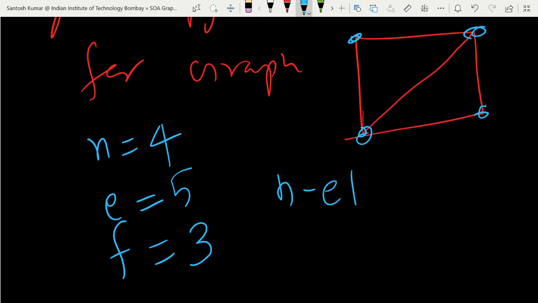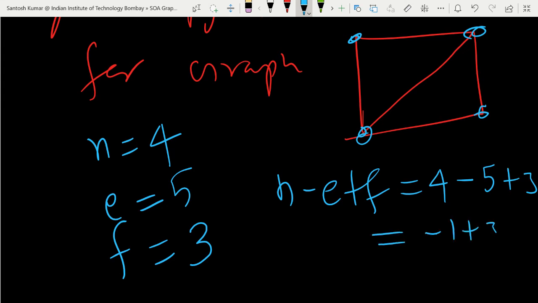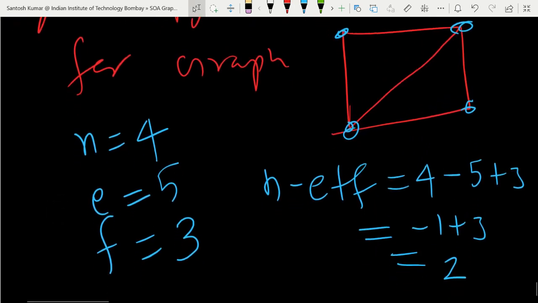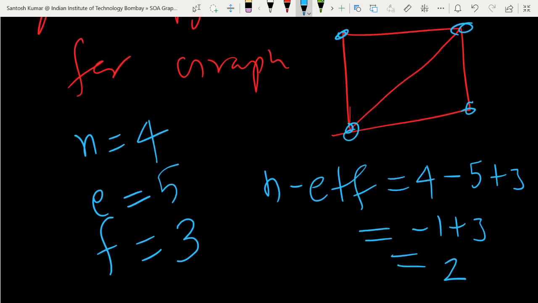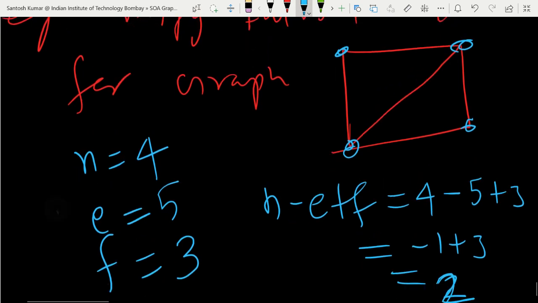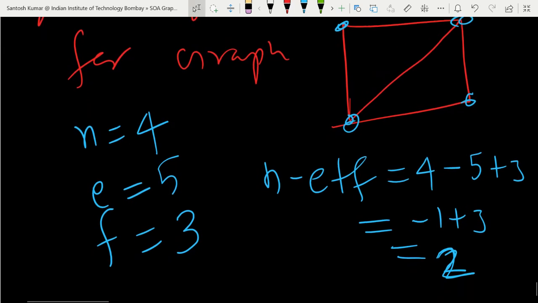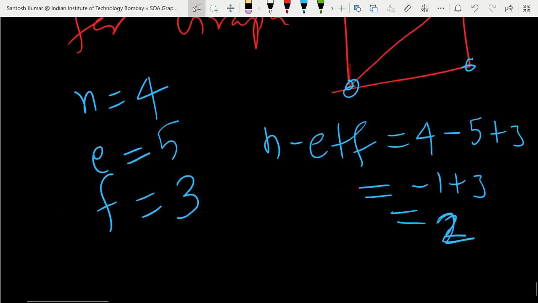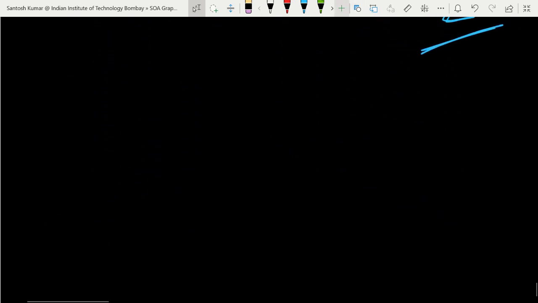So n minus e plus f, you can simply verify: 4 minus 5 plus 3. So minus 1 plus 3, that is going to be 2. So you can verify for any graph.